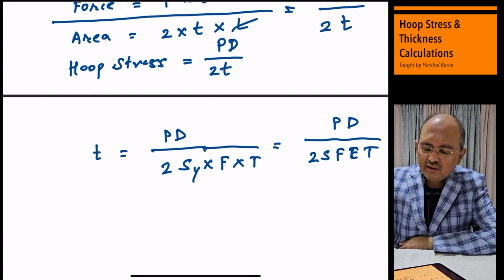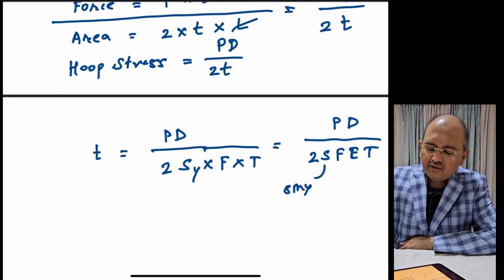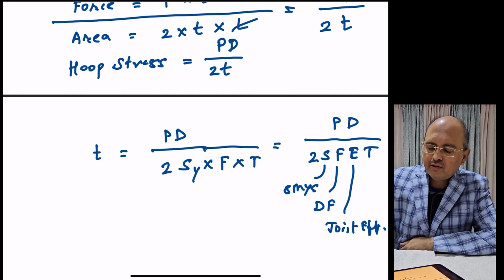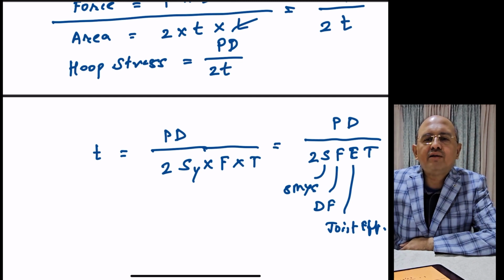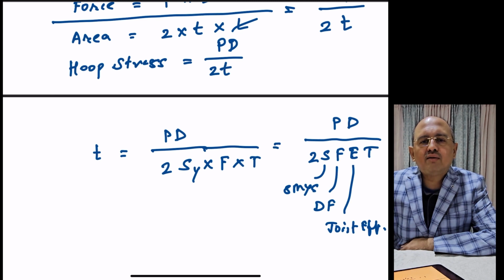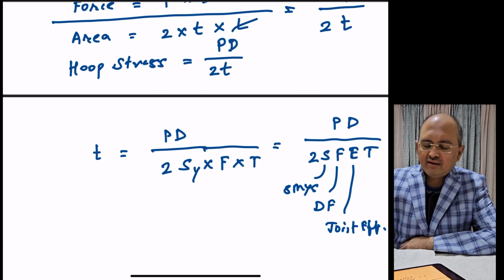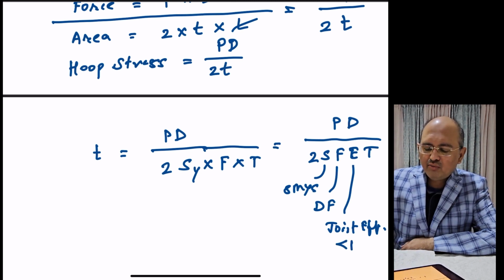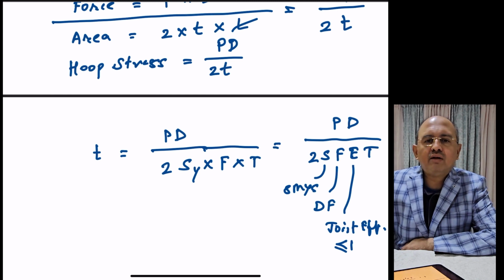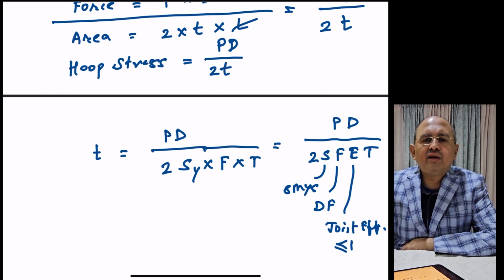Now in this, S is SMYS, which is yield strength, F is design factor, E is joint efficiency, because if the pipe is welded and has some limitation related to welding, some welds might provide less strength as compared to the main pipe body. That efficiency is always going to be less than or equal to 1. If the welding is perfect, then it can be 1.